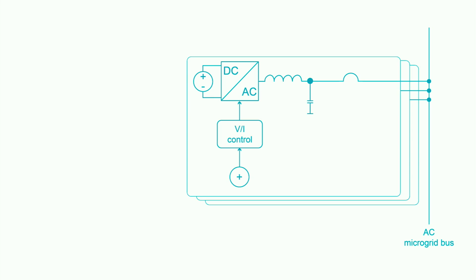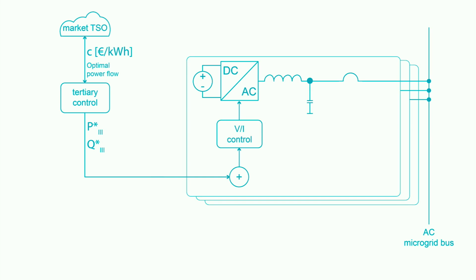On the very high level, tertiary control provides the unit with active and reactive power set points considering market and price signals retrieved from the transmission system operator or the distribution system operator directly. At this level, control is responsible for the optimal power flow in the microgrid.